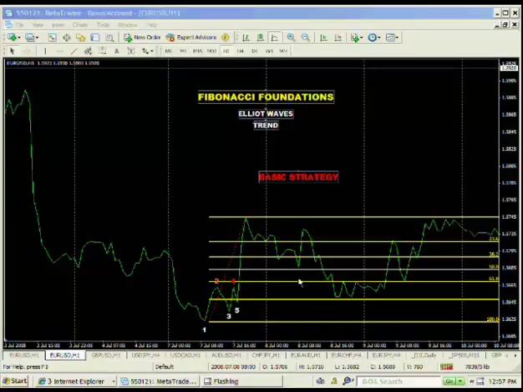And they will also buy at the 61.8% level. So on the correction back down, we enter long at 50%, and if price should continue down, we would enter another long here at 61.8%, and then this line here is the 78.6% line.